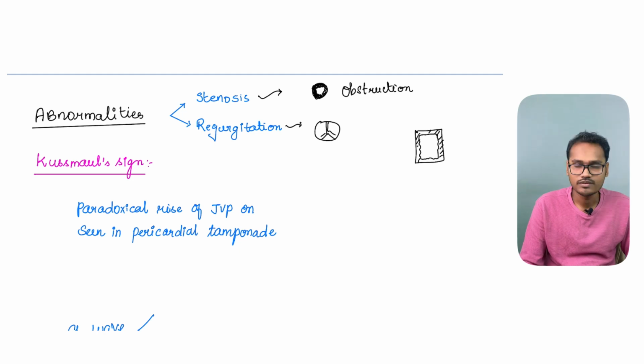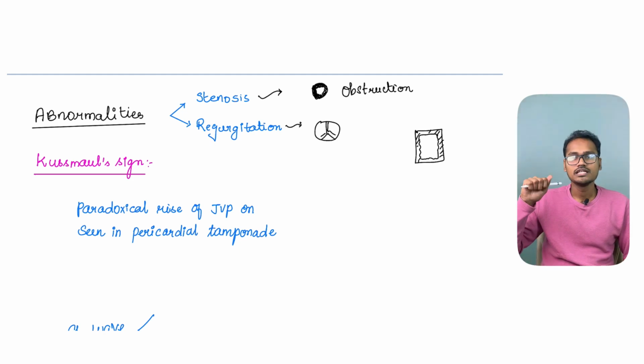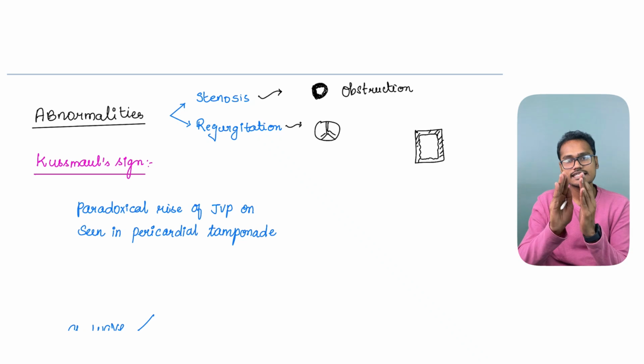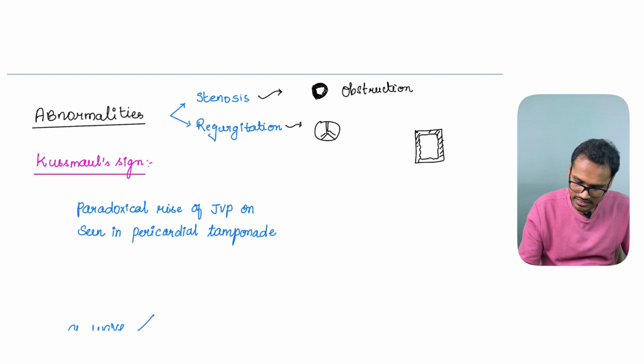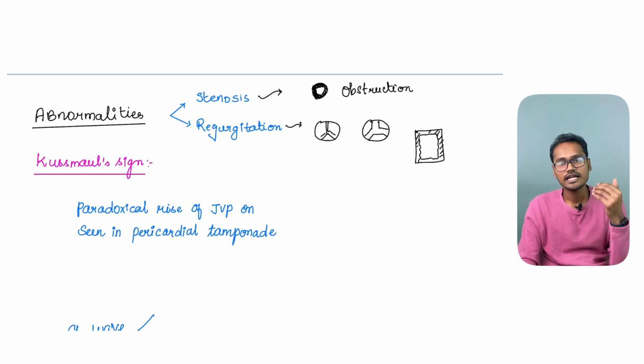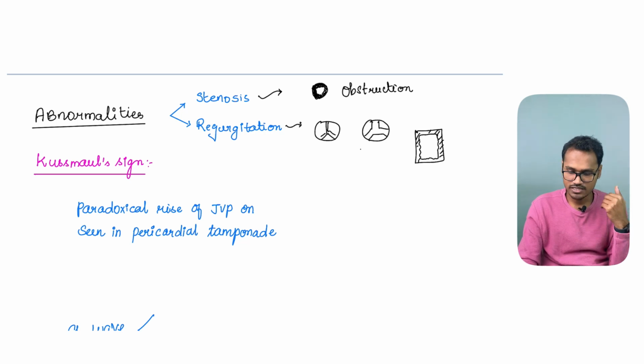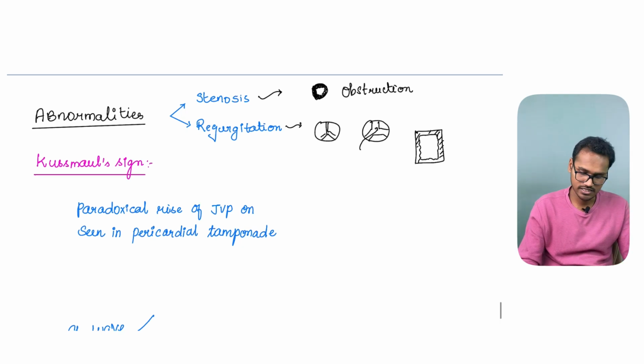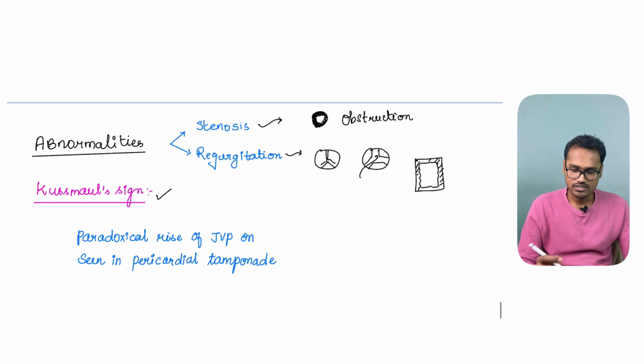Suppose you are closing and opening the door, and when you are closing the door there is some gap, it is not properly shutting, that condition is called regurgitation. Ideally the door should close completely, but right now it is not closed properly, so this will create some flap defect and regurgitation. So whatever blood has come, it will go through the same valve again and again. So that is regurgitation.